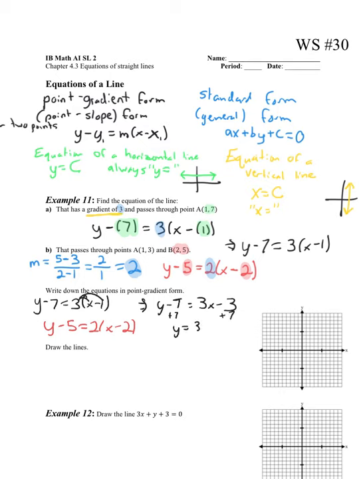Y equals 3x plus 4. That's going to make it a lot easier to plug it into my calculator to graph once I have a y equals equation. For the red one, distribute, I'm going to get y minus 5 equals 2x minus 4. Add 5 to both sides, and I get y equals 2x plus 1.